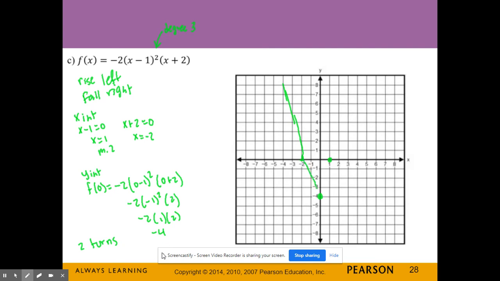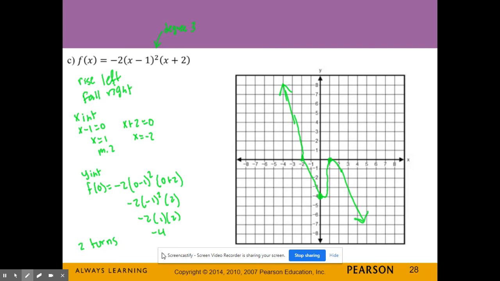It's got a y-intercept of negative 4, so we'll touch that. It will turn there, come back up to the x-intercept of 1. That has a multiplicity of 2, meaning it turns. We've gotten both of our 2 turns now, and it does fall to the right, so we're done.